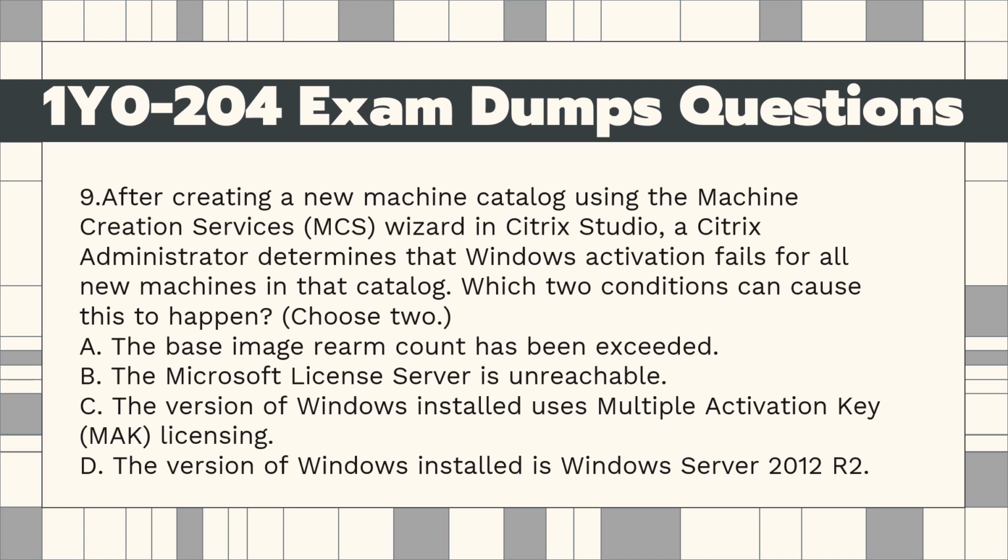A. The base image rearm count has been exceeded. B. The Microsoft license server is unreachable. C. The version of Windows installed uses multiple activation key (MAK) licensing. D. The version of Windows installed is Windows Server 2012 R2.